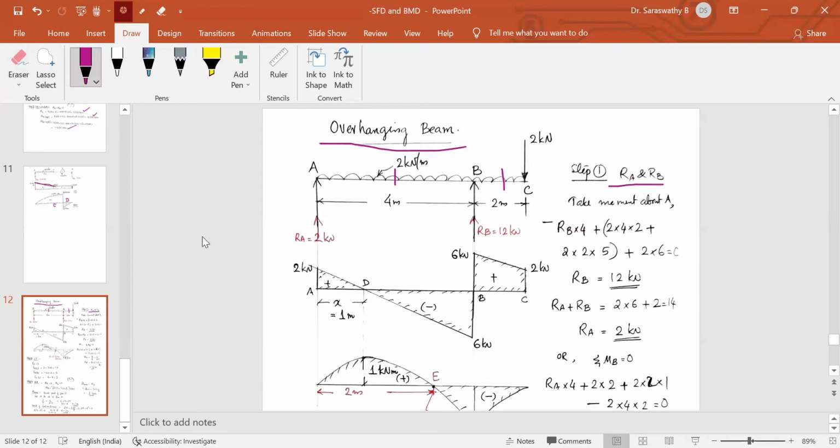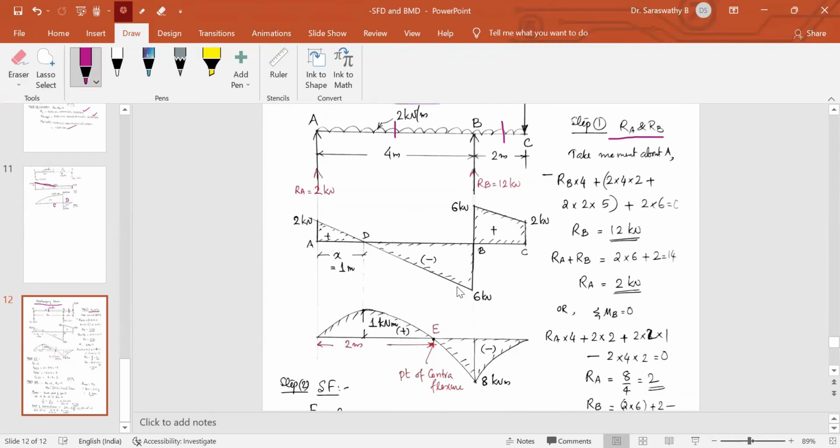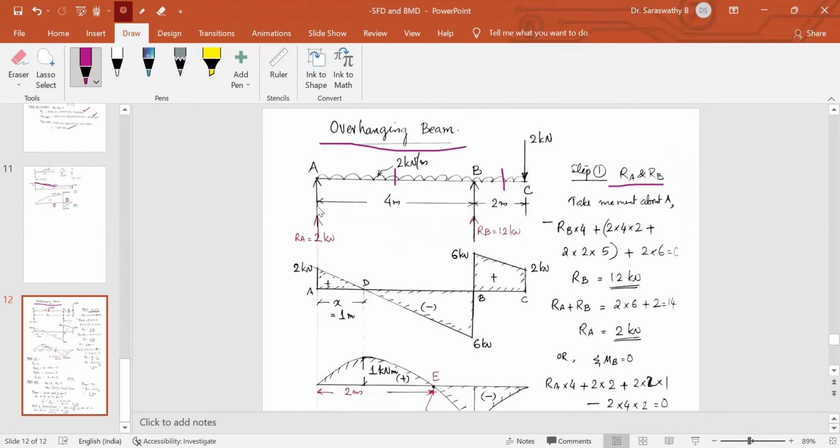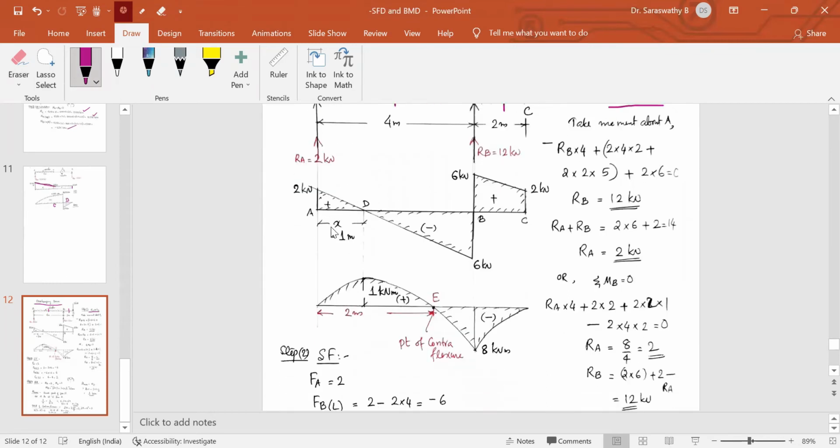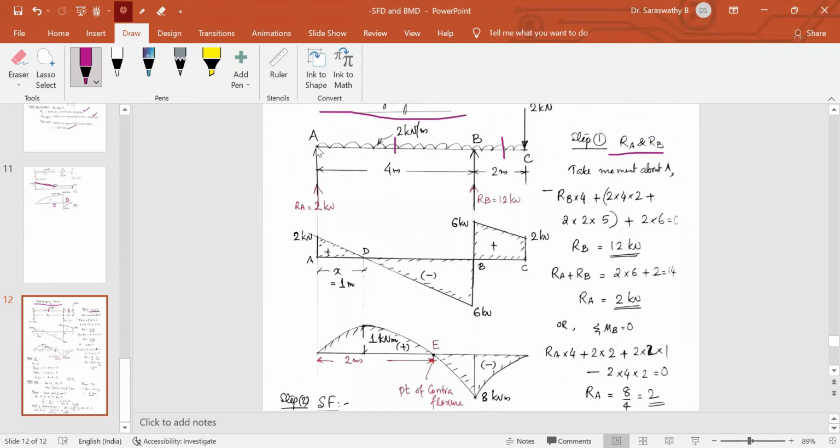Or as we have done earlier, if you want, you can do it in another way also. I will write that step here. See, if you want to find RA first, what you have to do is, as we have done earlier, you can take RA into 4 clockwise.